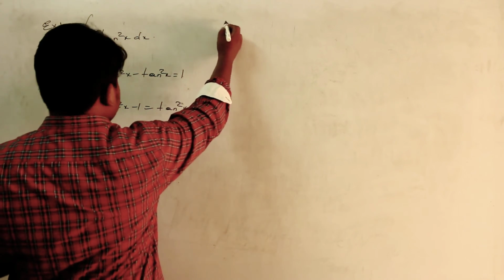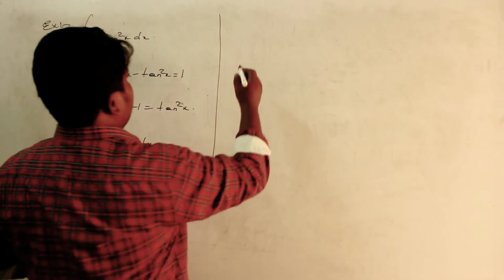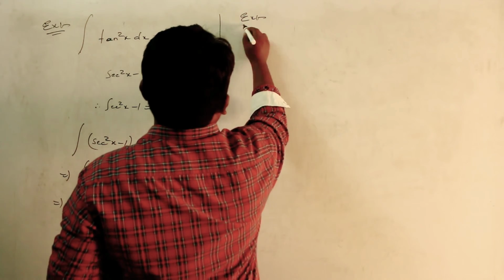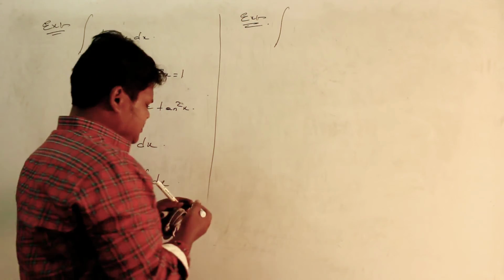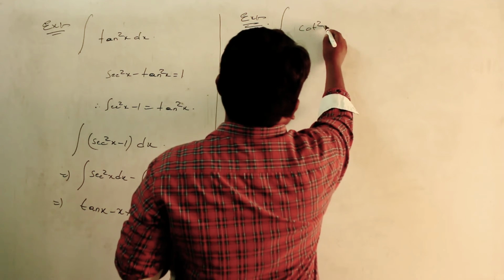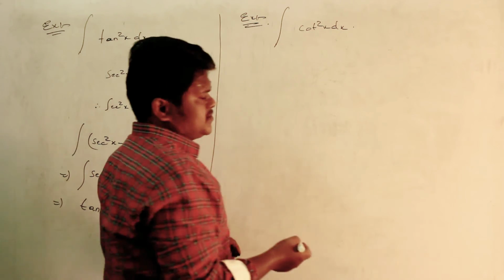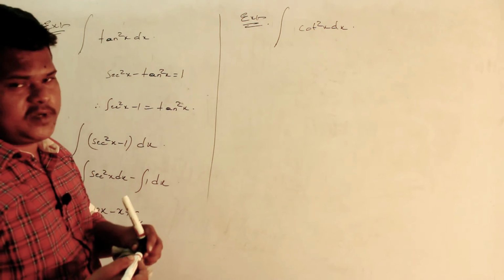So let us see one more example of this one. For example, a relation is given like this: integration of cot square x dx. Again, just as we solved the previous one, we can do this.